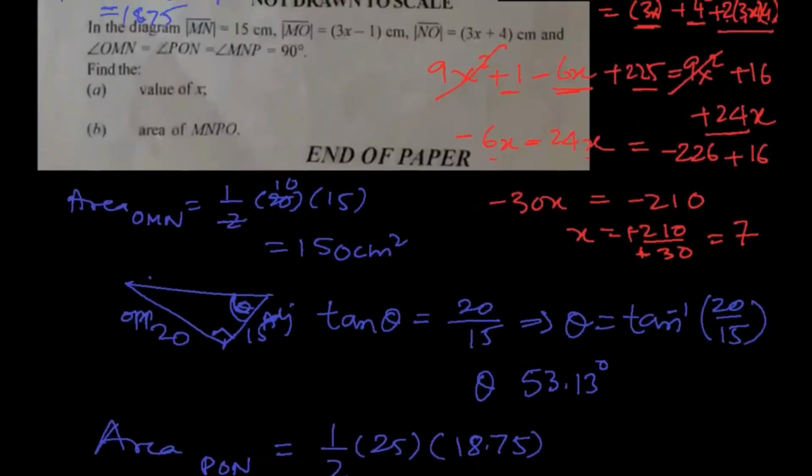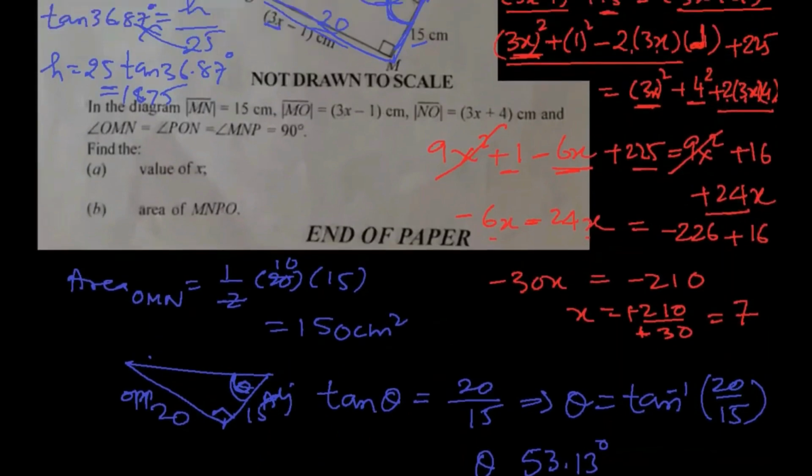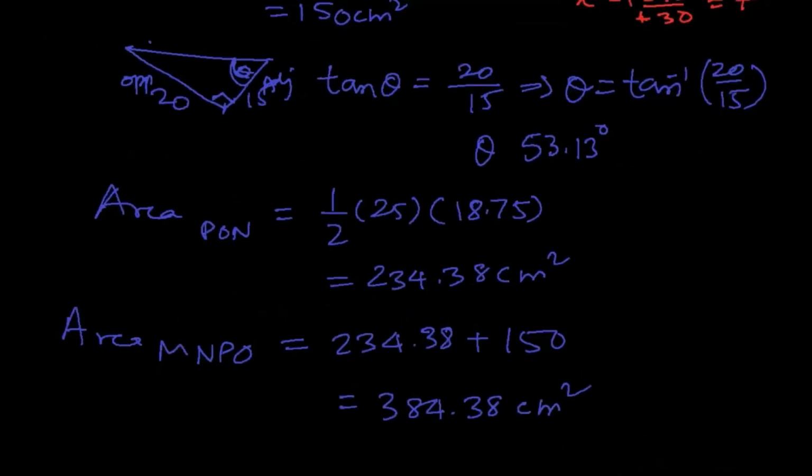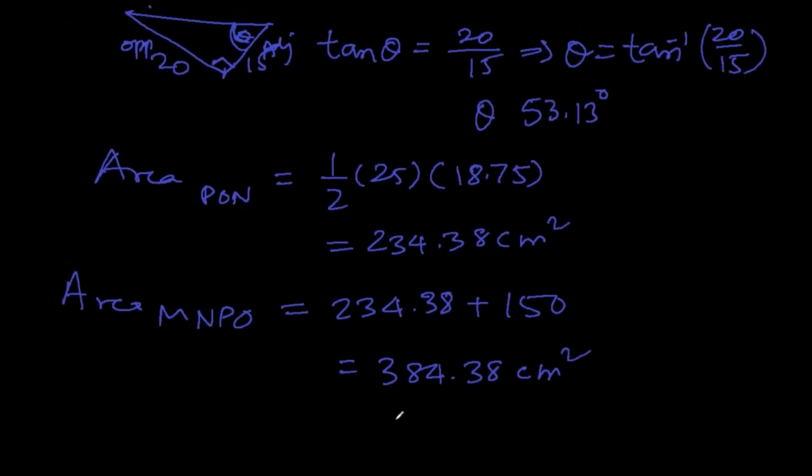And is there any requirement? They have not said how many decimal places we want, so let's write it as a whole number, which will be 384 centimeter square approximately.